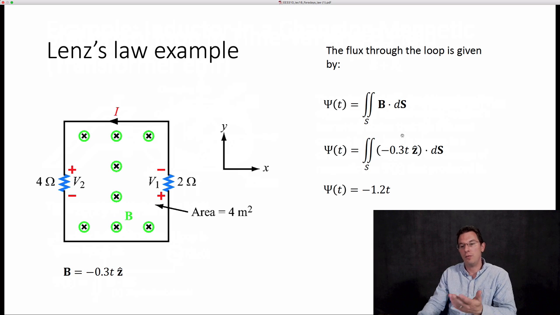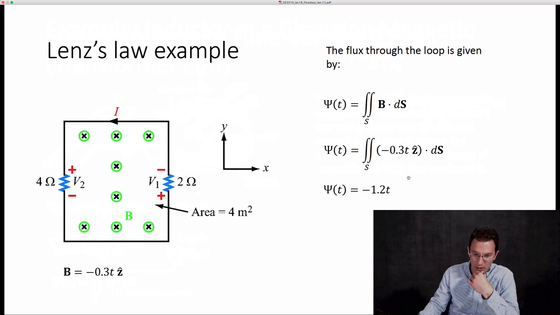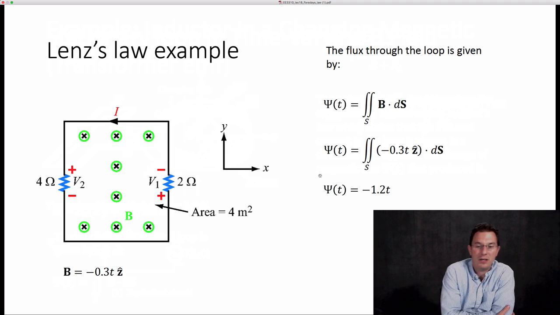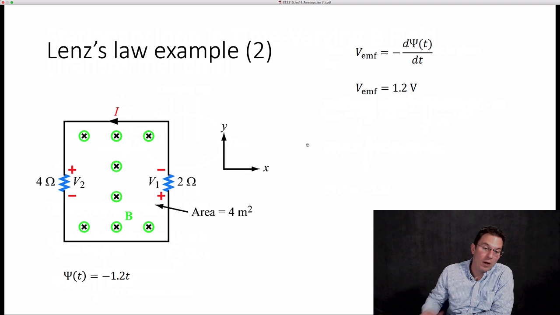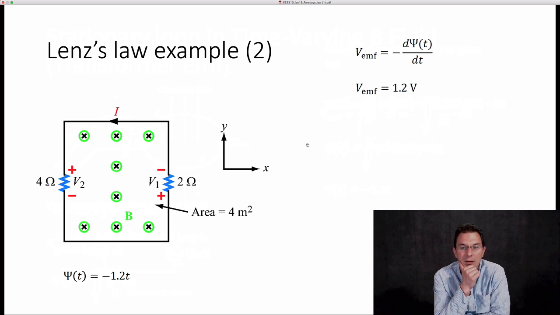4 times 0.3 is 1.2, and we get an expression for our flux psi of t, which is equal to minus 1.2 times t. All right, well, how do we figure out what the EMF is?